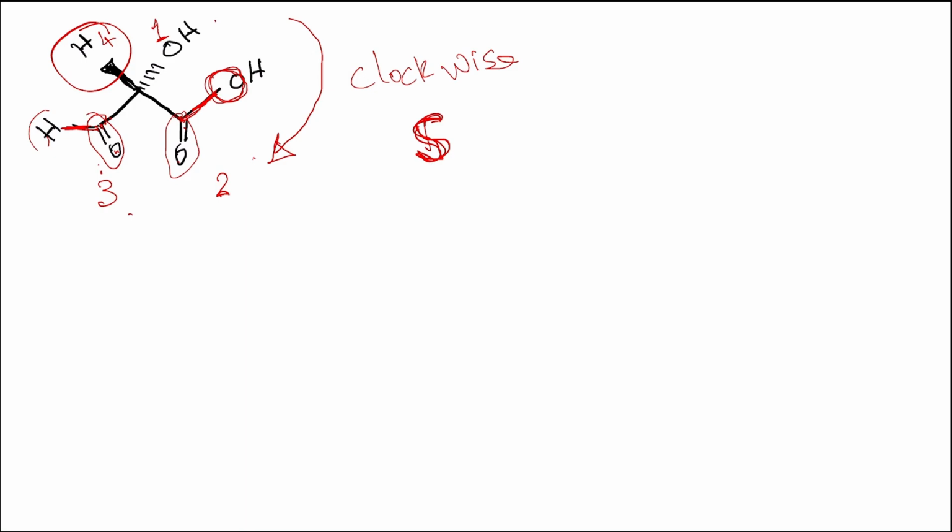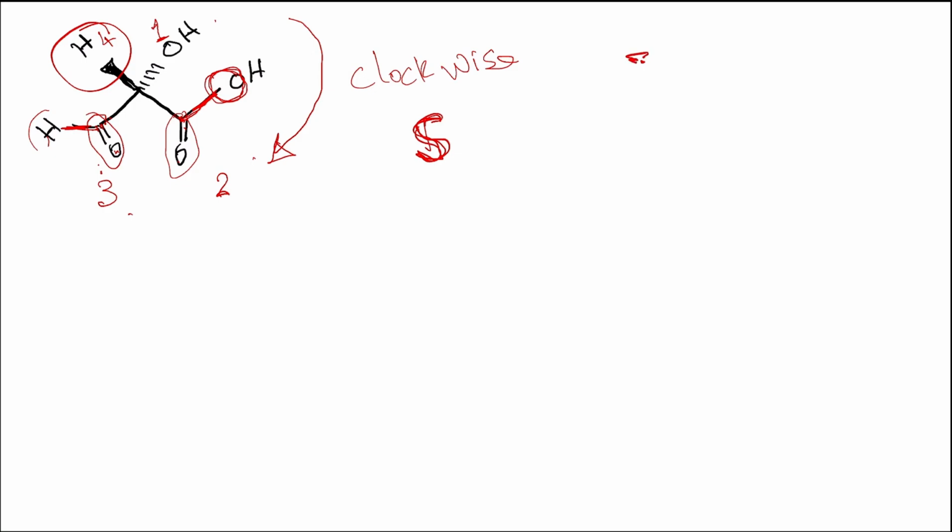Okay, so what if I want to draw the enantiomer of my structure? There are two ways to do this. The first way is simply to draw the mirror image of that structure. So I'm going to draw the mirror image.